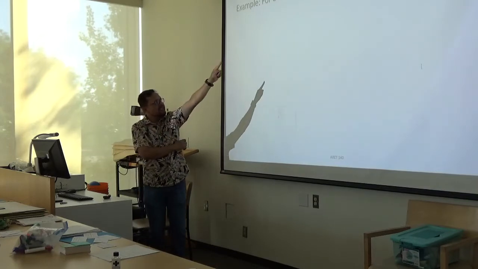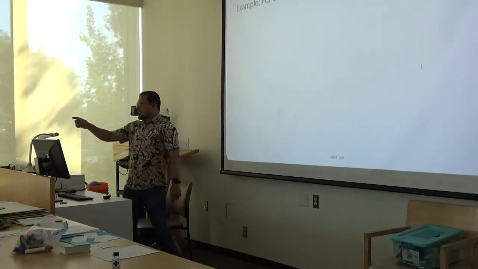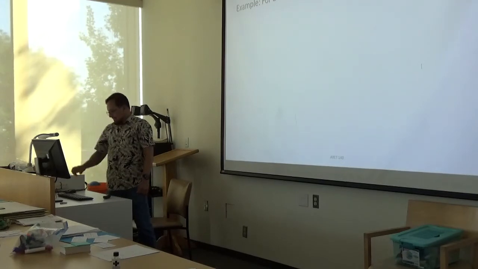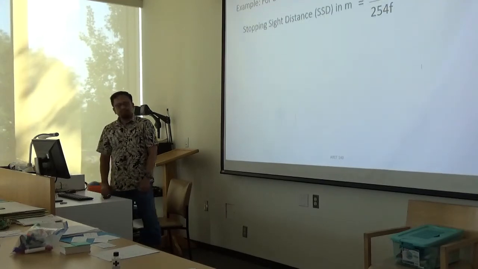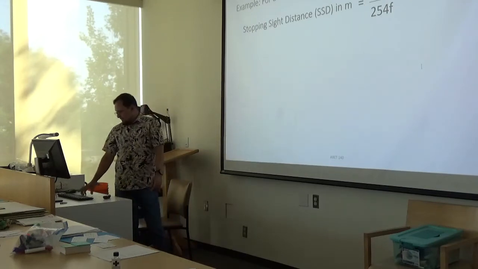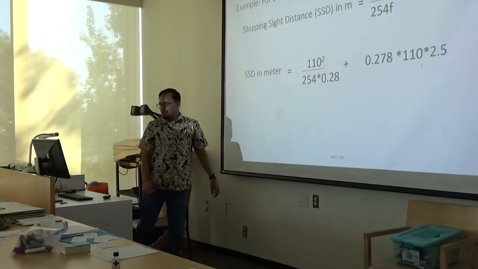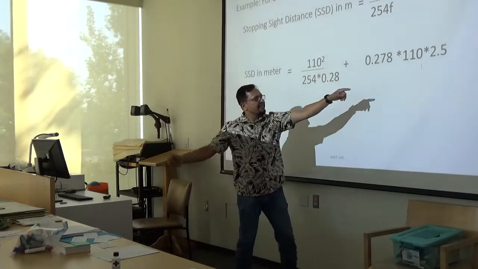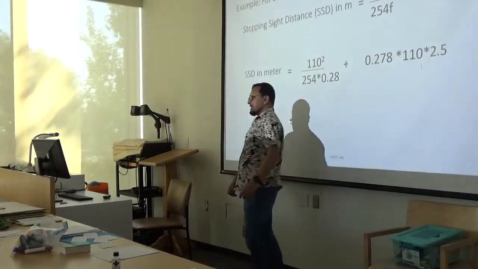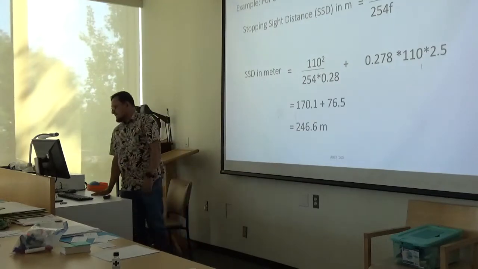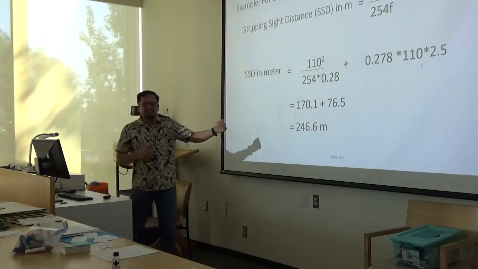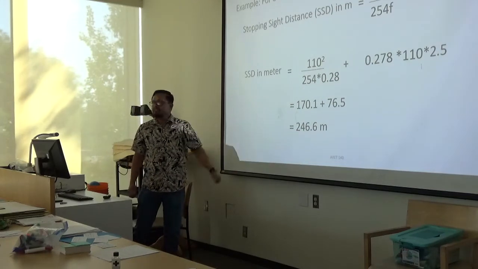When the speed is 110, you can get the friction factor, which is 0.28. So this is the formula. You just put in 110 squared, this 0.28, and your perception time. Then you will get the stopping sight distance of 246 meters.